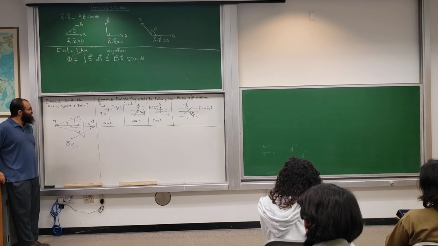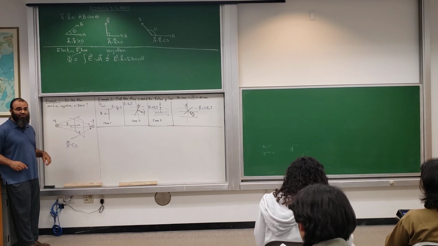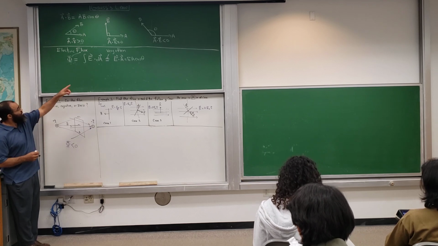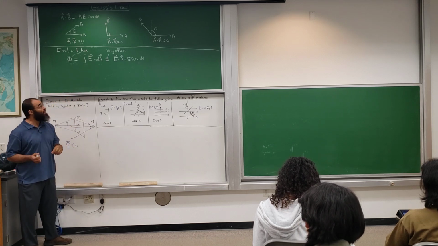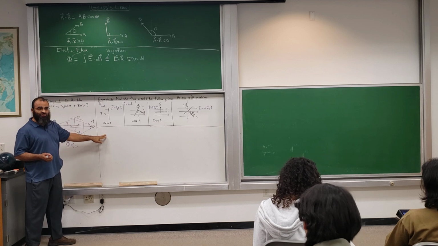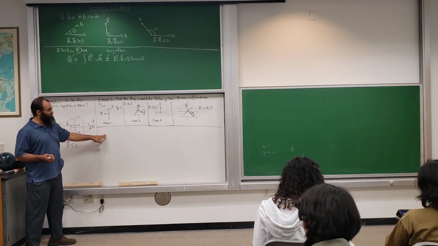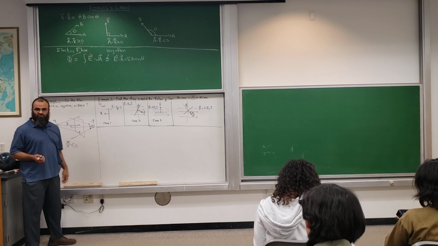Zero? Why would it be zero? Negative. Or negative? Yeah, they're anti-parallel, so it's going to be negative. Let's use this equation to find it. I'm going to show you how the definition of flux can be applied here. It's not absolutely necessary, but because we're doing practice.